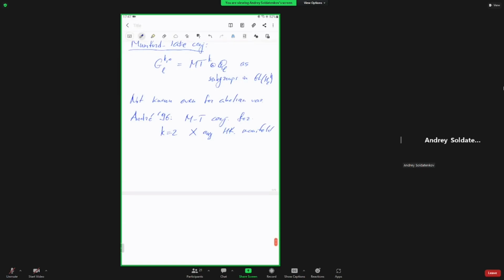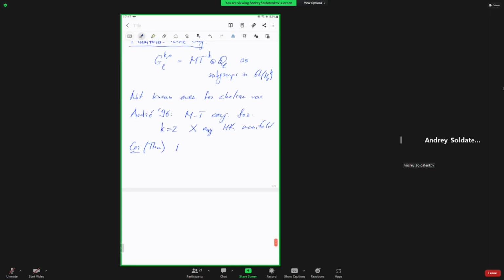And now we can deduce as a corollary of the theorem that I told you that this Mumford-Tate conjecture holds for all known deformation types of HK manifolds in all even degrees, so for all cohomology groups of all even degrees.